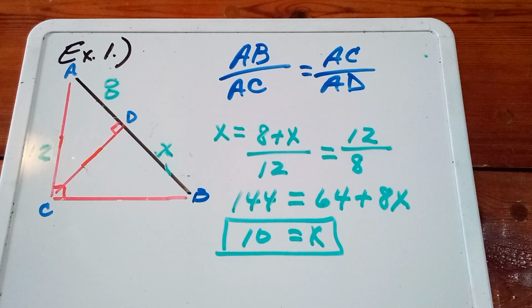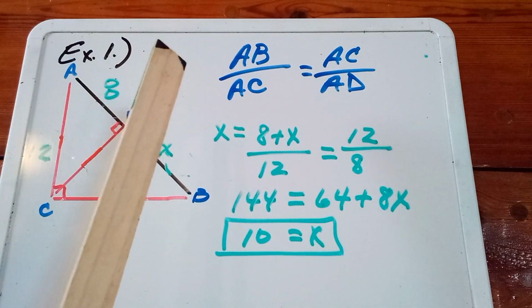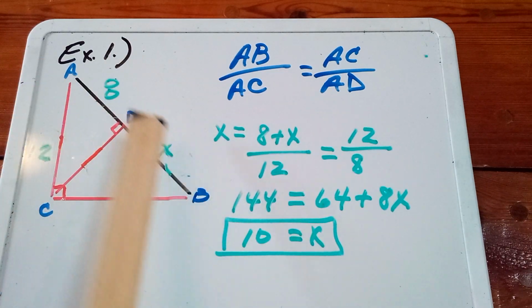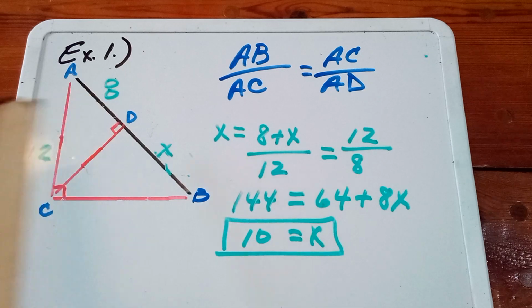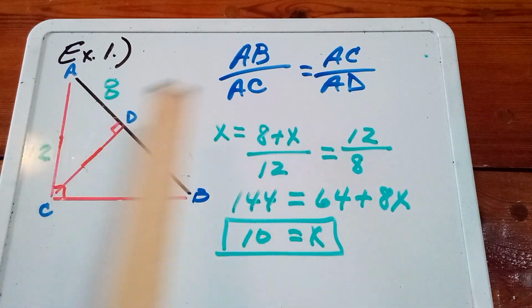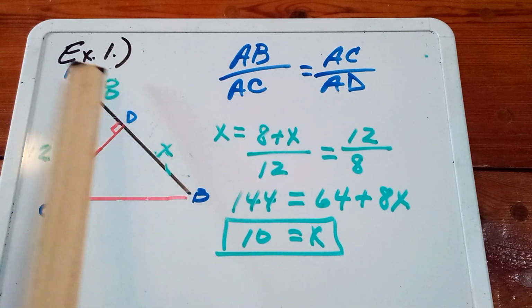Okay, guys, last example. This time, once again, we are given certain values. One of those values happens to be the leg of a mean, a geometric mean leg. The value here is 12, so we're going to use the first ratio we were given in the previous video, which is AB, long leg, to AC, which we are given, to AC, once again given, to AD, which is the short value here.